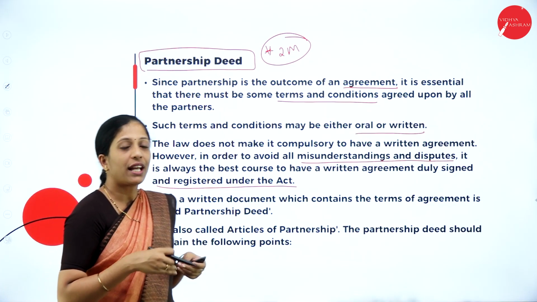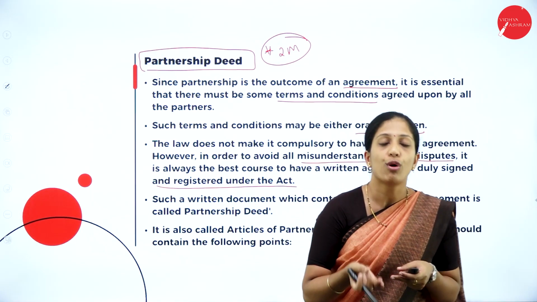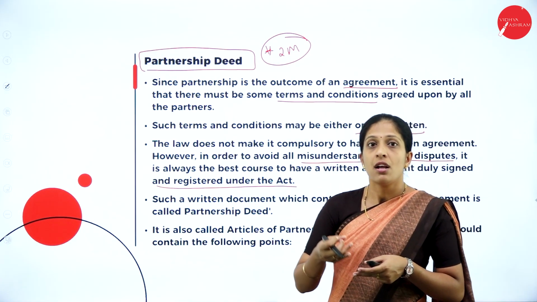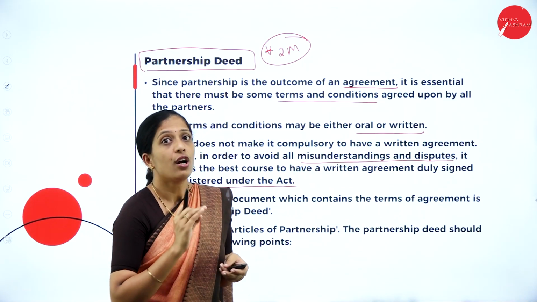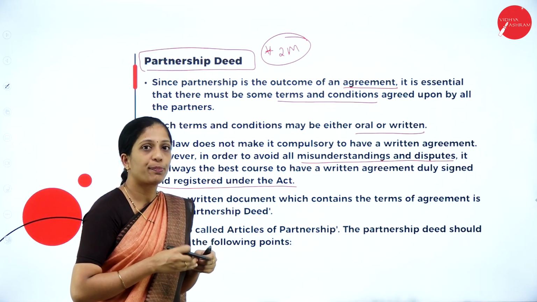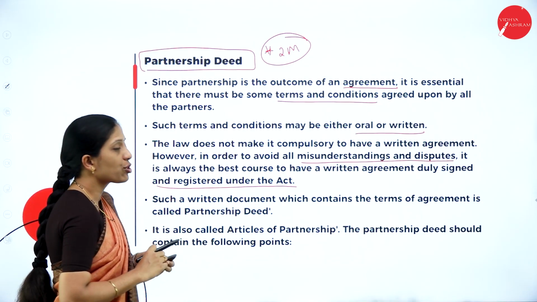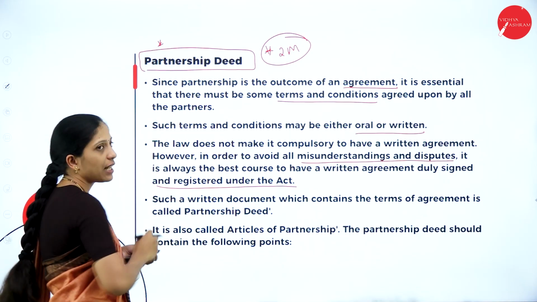So, I have told you the agreement can be either oral or written, but a written agreement is more preferable than the oral agreement because it always acts as evidence and reduces the complications or disputes in the partnership firm. So, this partnership deed will be helpful. Now, remember, a partnership deed is a written agreement.